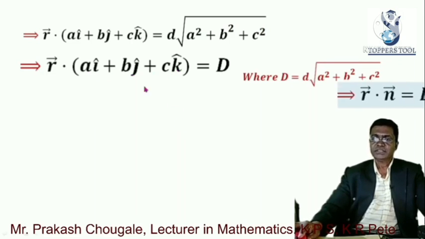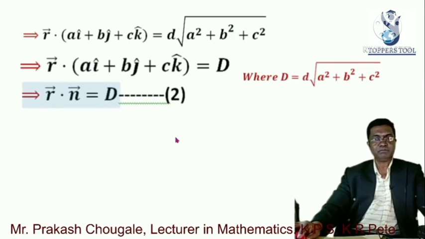So this also represents a plane. You may write it as vector r dot vector n equal to d, where earlier we had n cap, remember this. Here vector n stands for a normal vector, a vector whose direction ratios are a, b, c.